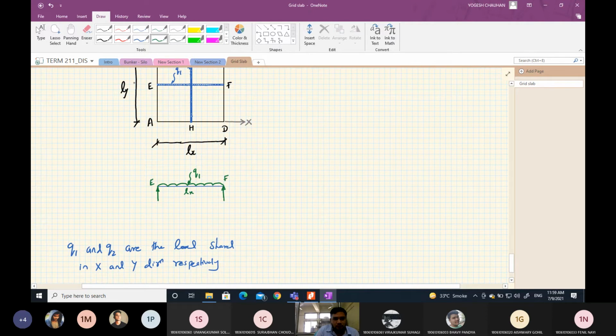Okay, we are considering this strip and let it deflect like this.